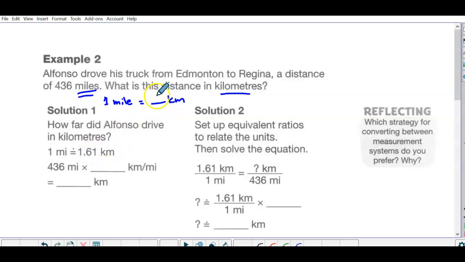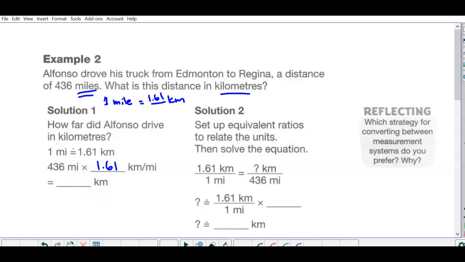How many? Well, it's given here, 1.61. So each mile is 1.61. We've got 436 of them, so we multiply that together. If you don't show the units in your calculation, I'm fine with that. You just need to have them at the end.